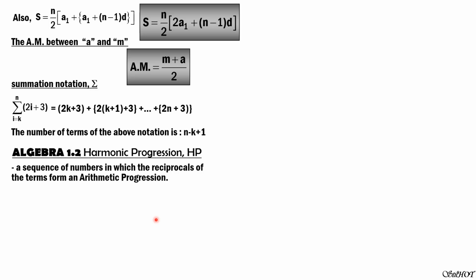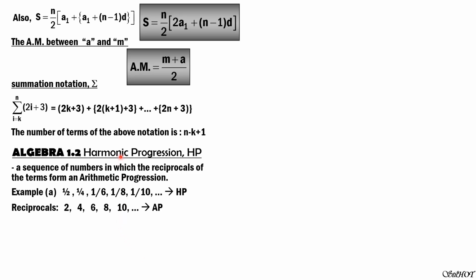But there are examples where we can easily detect harmonic progression, especially if they are represented by fractions and the numerator is always 1. For example, 1/2, 1/4, 1/6, 1/8, 1/10. These are in harmonic progression because once we obtain the reciprocals of these terms, we have 2, 4, 6, 8, 10.